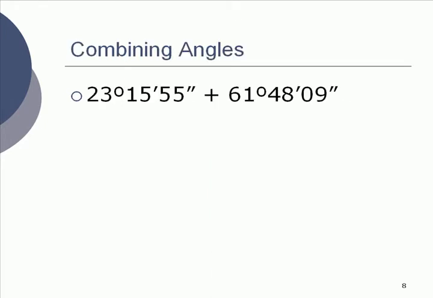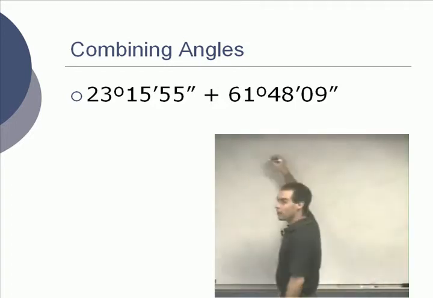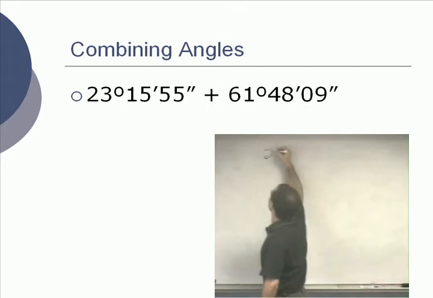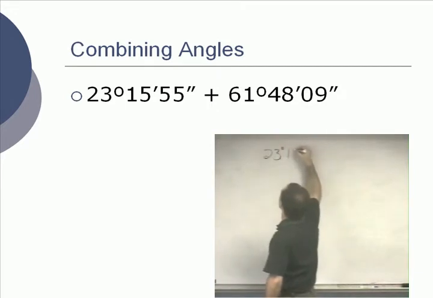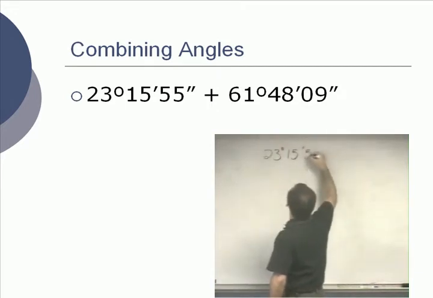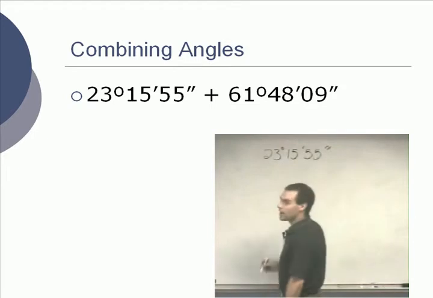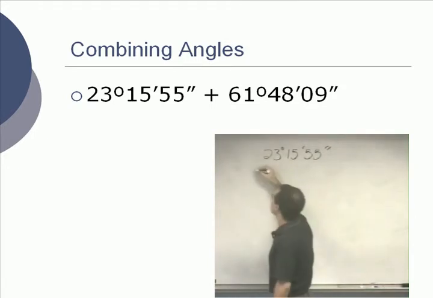To combine angles, what we do is we add degrees, minutes, and seconds separately. And then if there's any seconds or minutes that exceed 60, we have to carry. So for example, if we want to take 23, 15, 55, and to that we want to add 61, 48, 9.